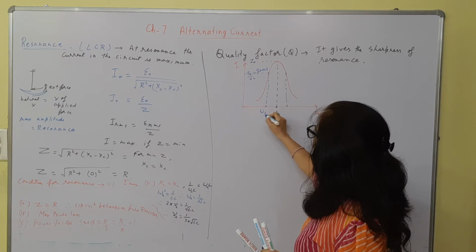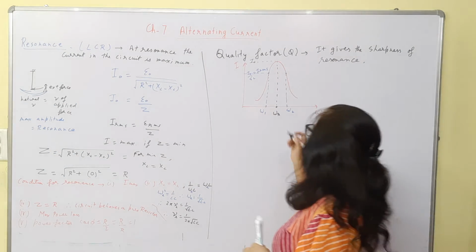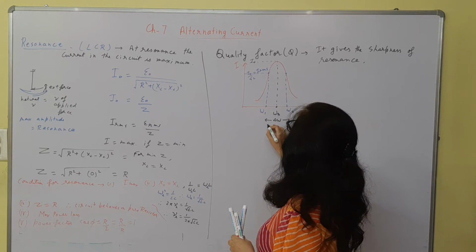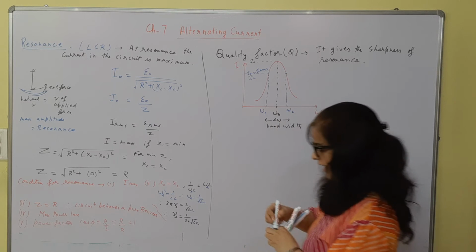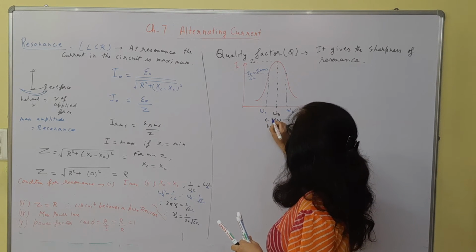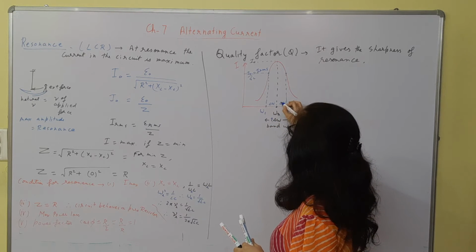These frequencies are called sideband frequencies omega 1 and omega 2, and this complete width is called bandwidth. And this width can also be written as 2 delta omega, because this is delta omega and this is also delta omega.